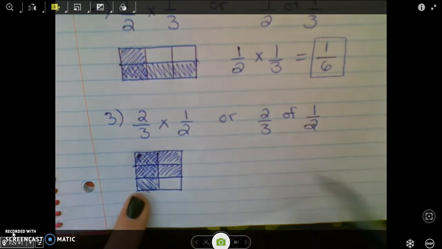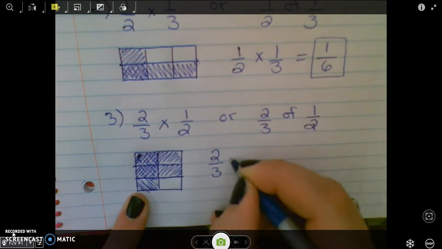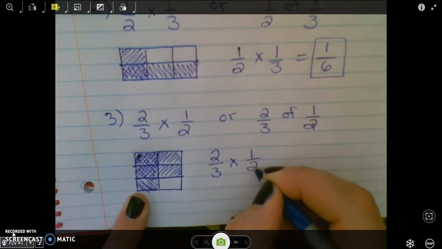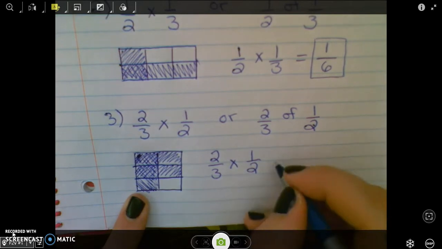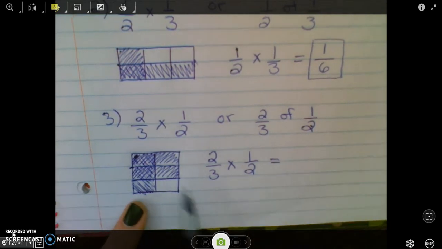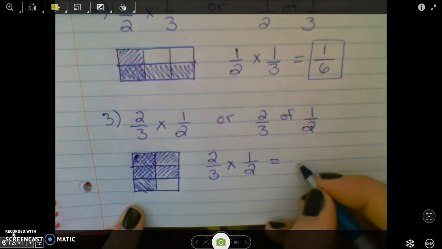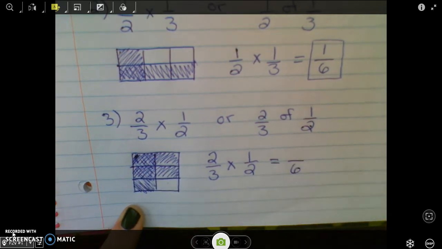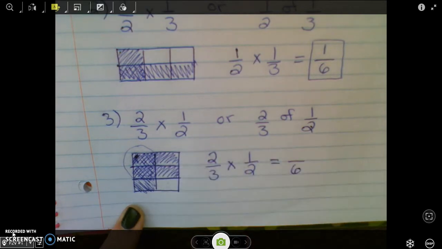So now I'm going to rewrite my problem here. I had 2/3 times 1/2, or 2/3 of a half, right? And I am looking at how many sections this has created. So actually, like the one up top, it's created 6 sections, 1, 2, 3, 4, 5, 6. So that's my denominator. Of those 6 that it created, I have these 2 right here that are overlapping.